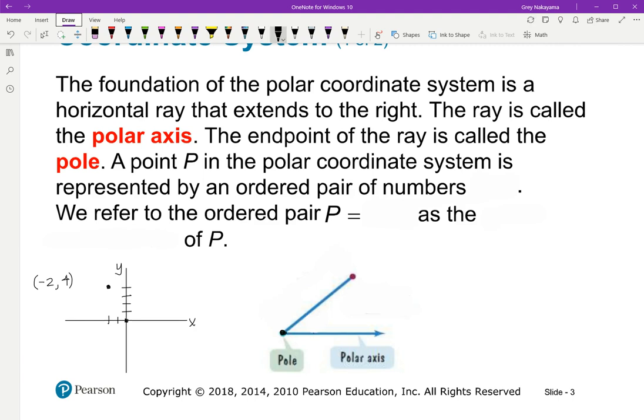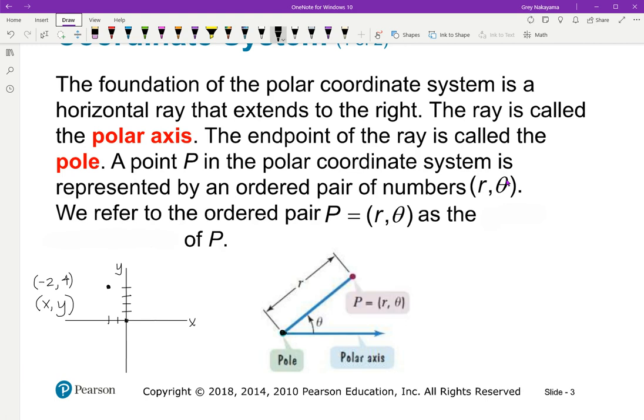Now, this point, in our previous ways, we had x comma y. Now we are naming the ordered pairs as r comma theta. r represents the distance that the point is from the pole, and theta represents the angle from the polar axis.